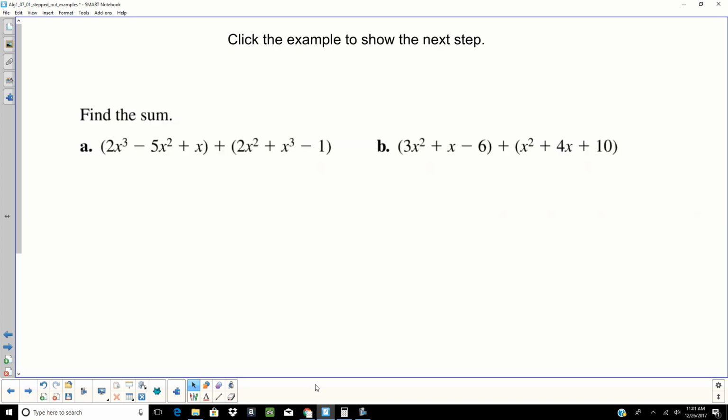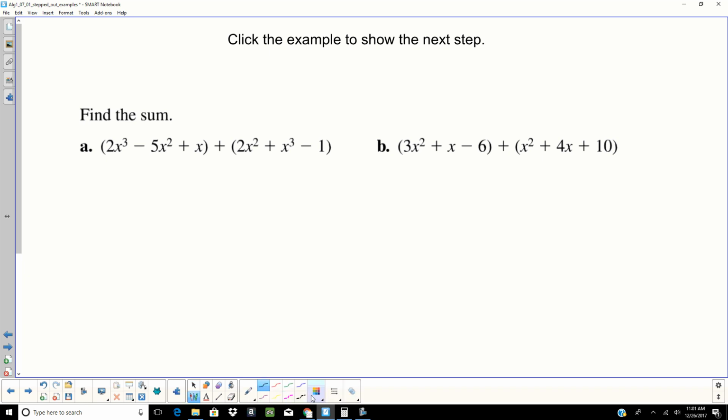All right, adding and subtracting. Piece of cake. You add or subtract the coefficients of like terms. And for it to be a like term, you might want to write this down: same variable, same exponent.